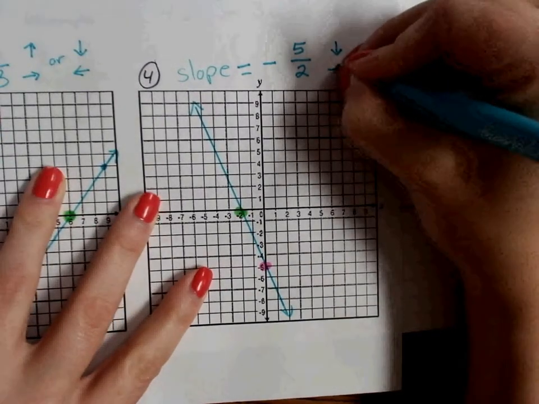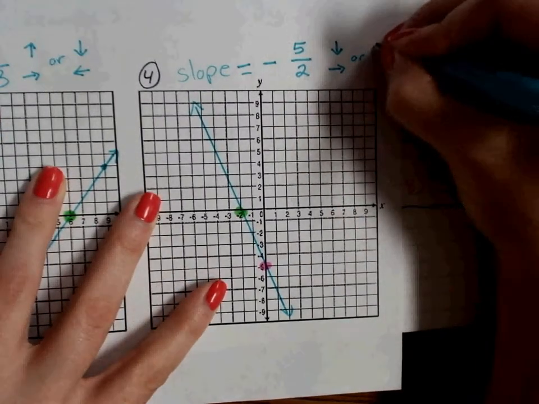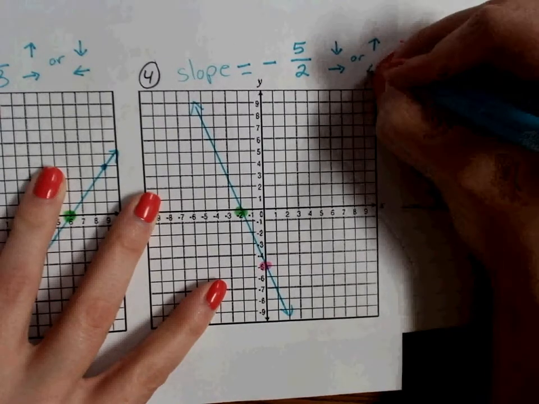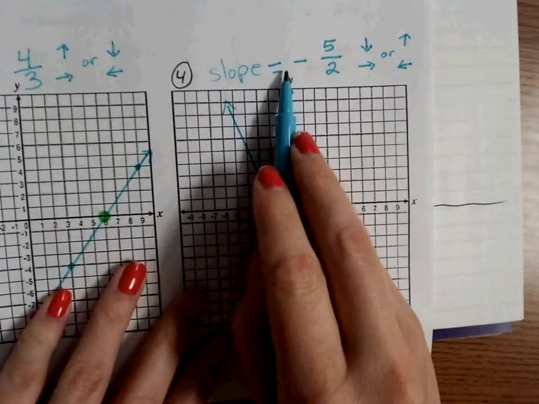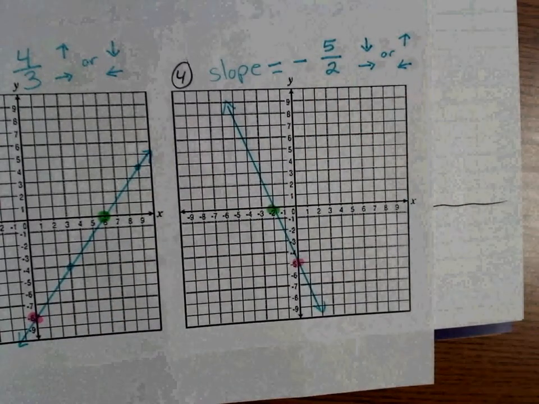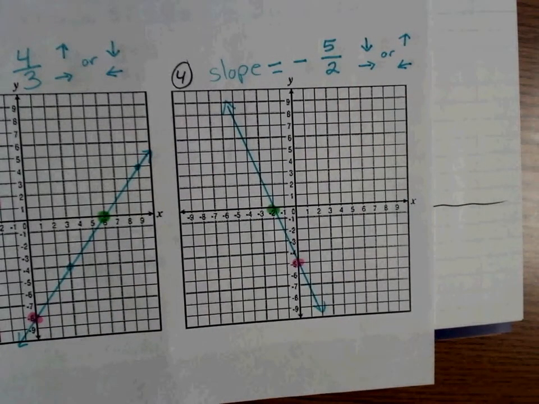So this means that you're either going to go down and then to the right, or you're going to go up and to the left. Those are the directions because of the fact that we're dealing with a negative slope. Negative slope means the directions are down right, up left. One of them's positive, one of them's negative. Any questions?